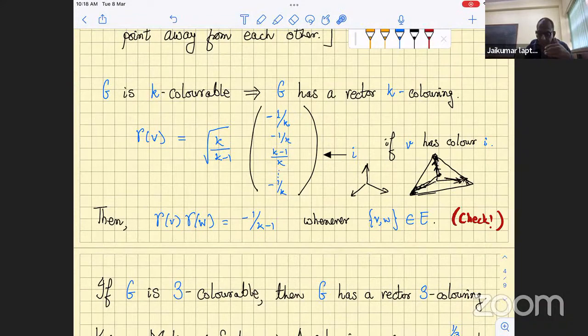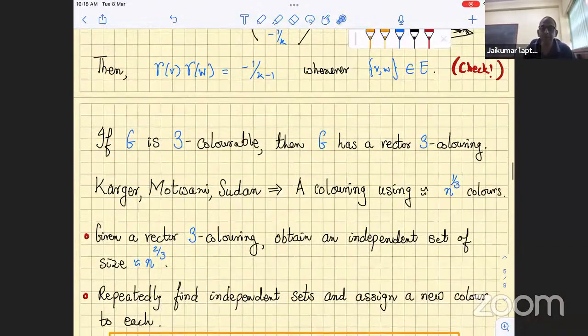Now I'll let you check this. Our plan is the following. In the rest of the lecture, we are going to use this notion to design an algorithm using semi-definite programming for coloring 3 colorable graphs.